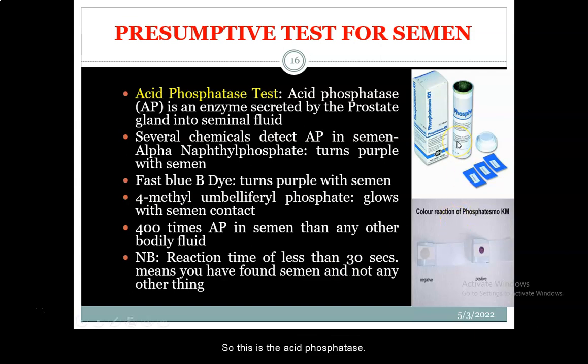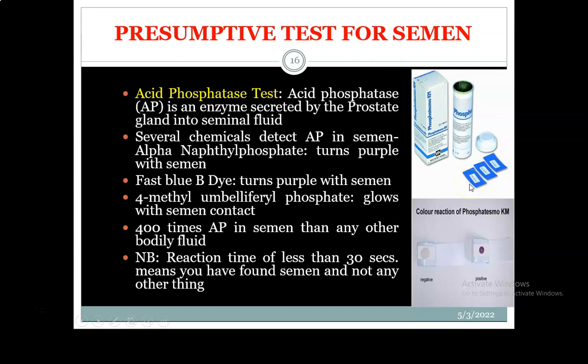So this is the acid phosphatase test, this is the container, and these are not strips. They are like some pieces of hard paper. So if you have a dry, let's say dry semen stain, you wet the ends of these ones.